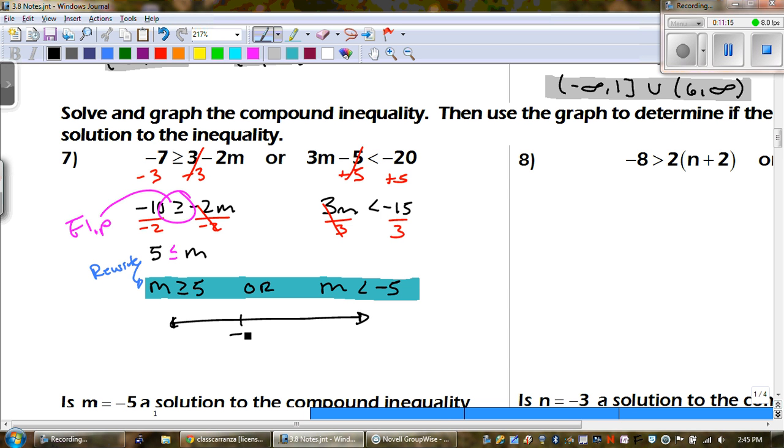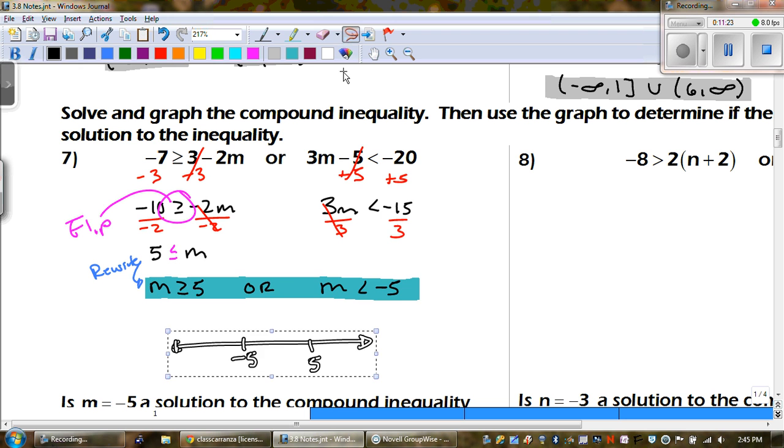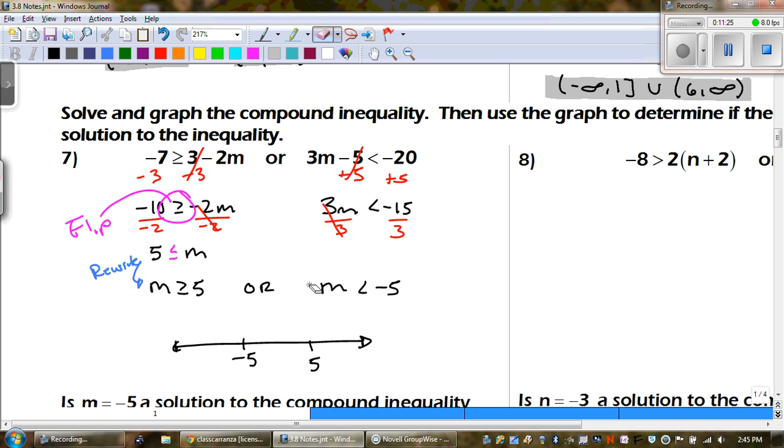Okay, so we got -5 over here and +5, because this is the part Mr. Grice just forgot. That's not my answer. Okay, we want these written in order. So m is less than -5 or m is greater than or equal to 5. So there we go. Now at -5, we're closed and we shade to the left.